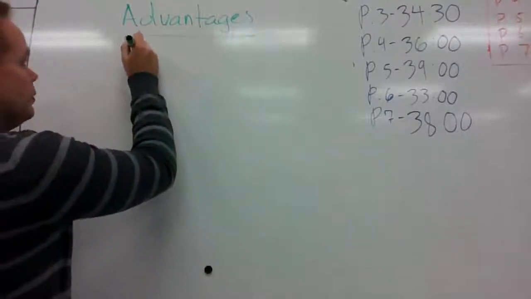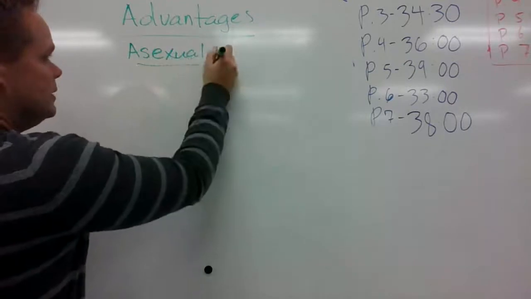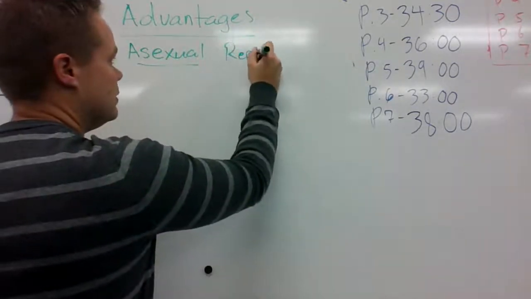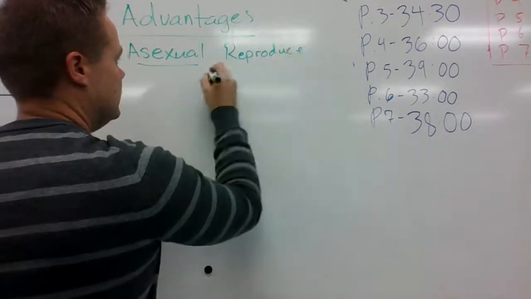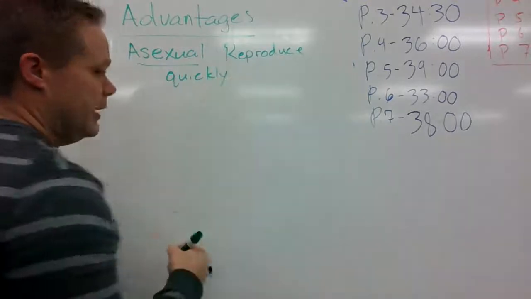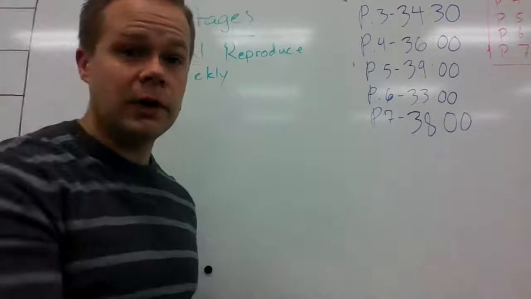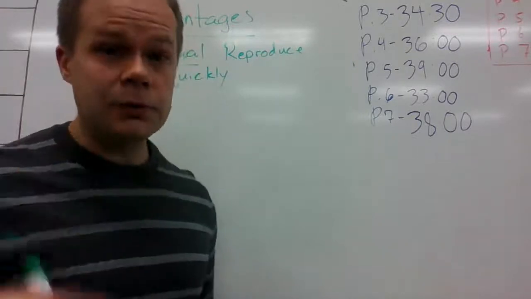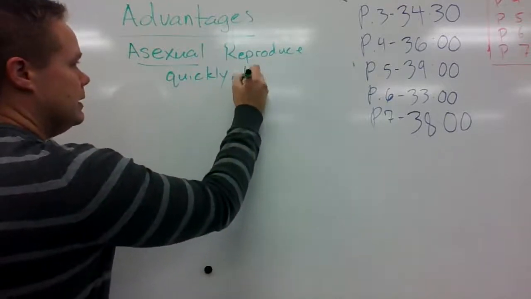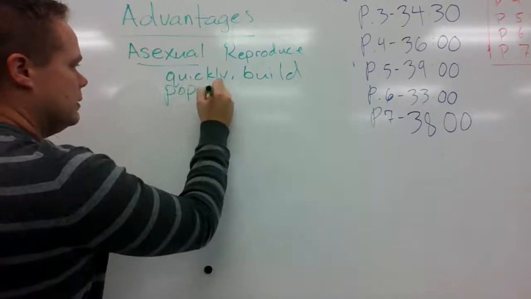For asexual reproduction, the advantage is that they reproduce quickly. So they can build their population really fast. And if something happens to the population, if they get hurt and a lot of them die, they can rebuild it really quickly. Okay, reproduce quickly, build population quickly.